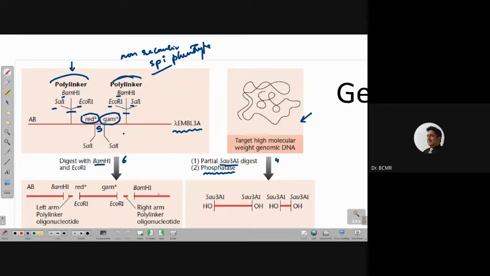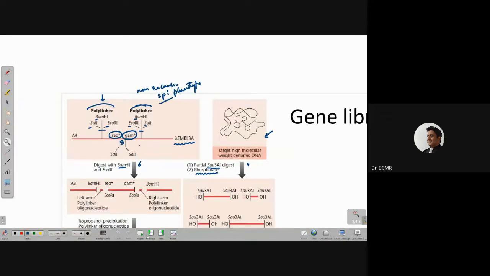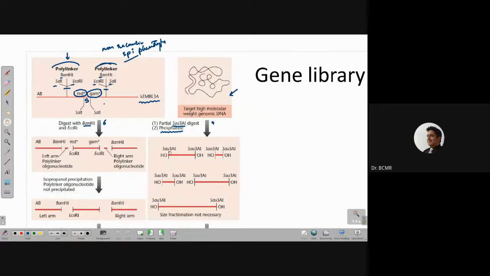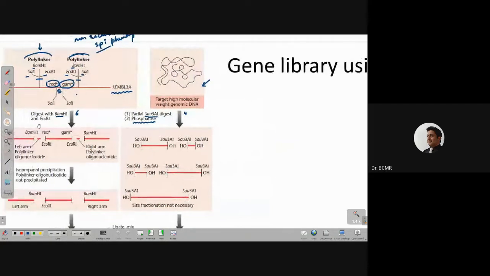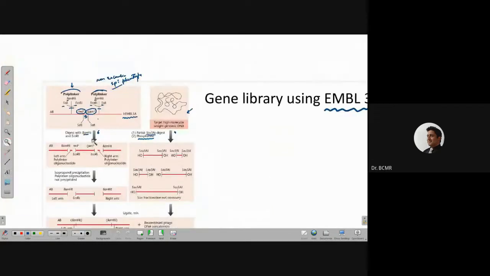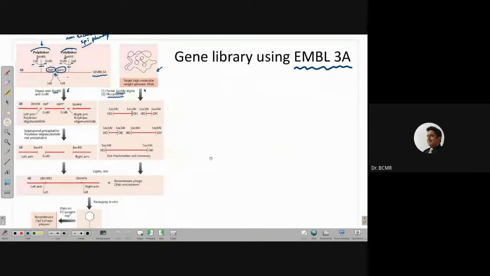What we are trying to do here is learn how to clone it, and we are trying to use it for two purposes. We already had a good enough introduction to EMBL3a. Sorry, one second. So we are trying to construct a genomic library using EMBL3a. That is what we are trying to do today.